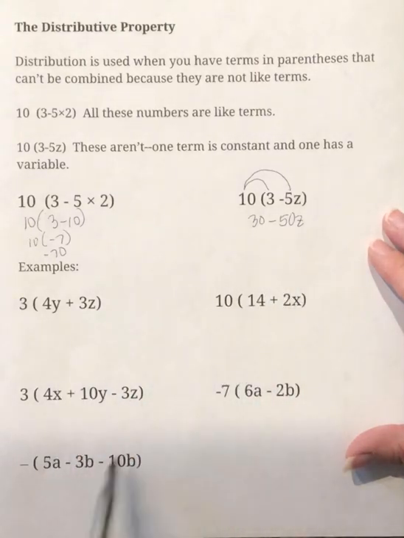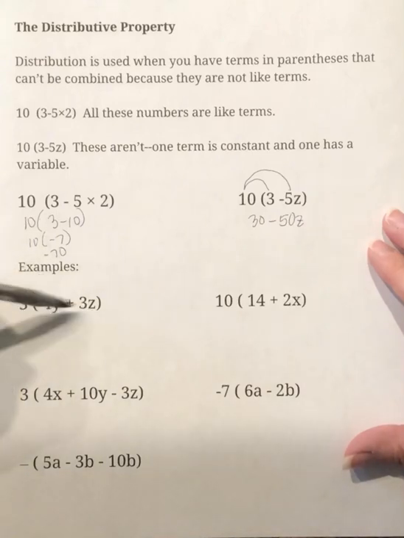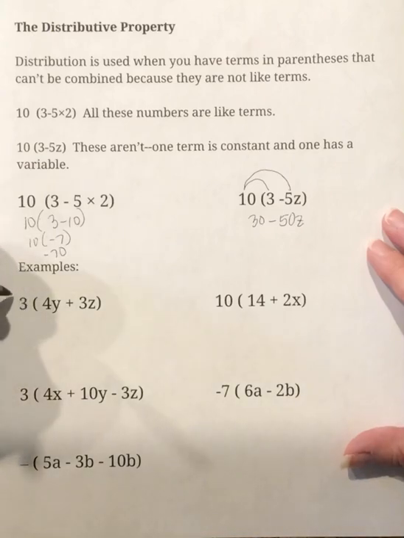So as I go through these examples, I'm never just going to get myself down to one number, but I'm going to get myself as simple as I can. So again, in here, I have a 4y and a 3z. Since these variables are different, they're unlike terms, I can't combine that. I can't call that like 7yz. They have to stay separate, so I distribute.